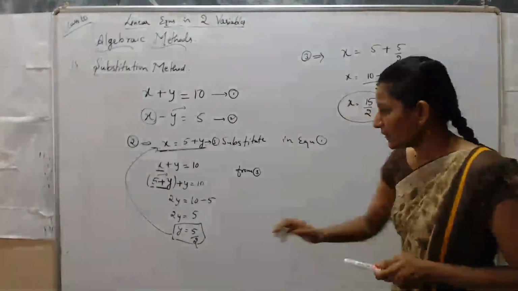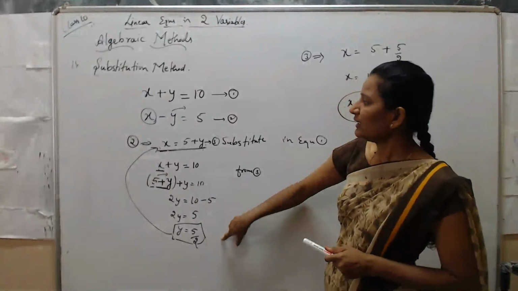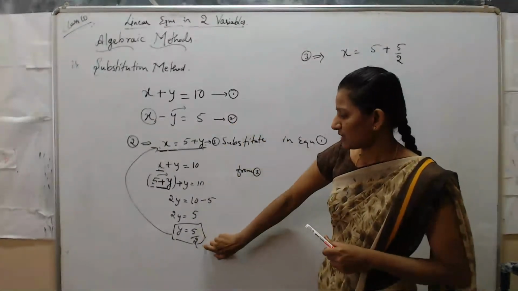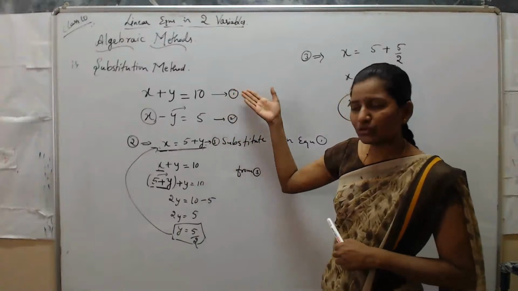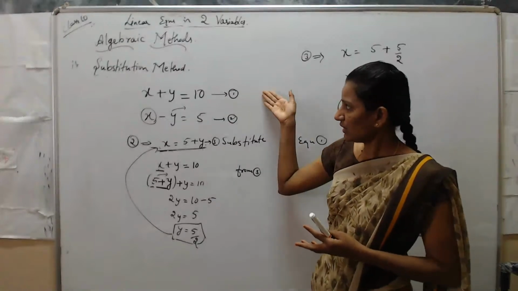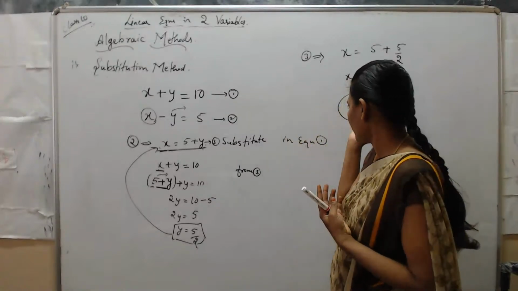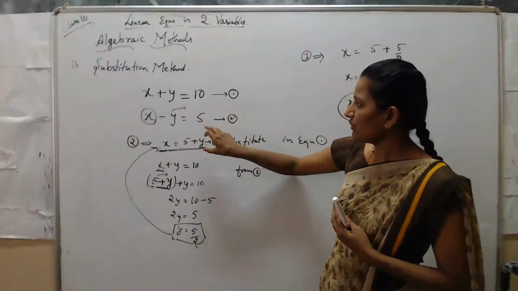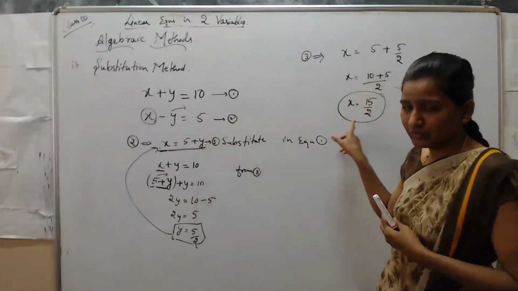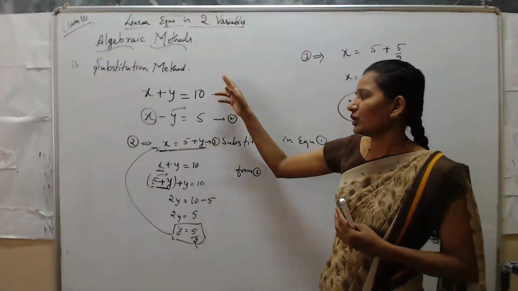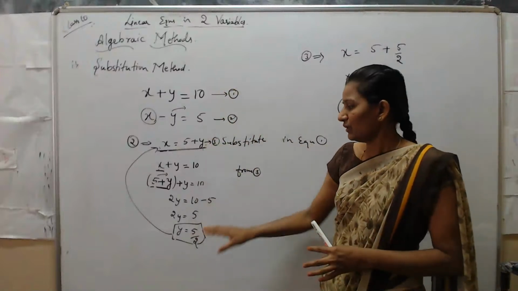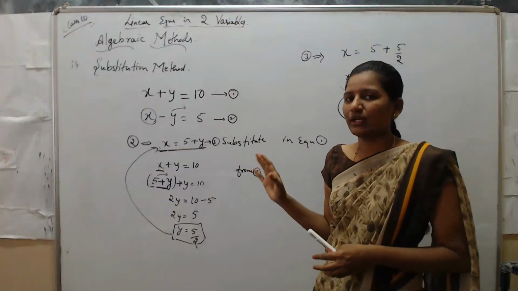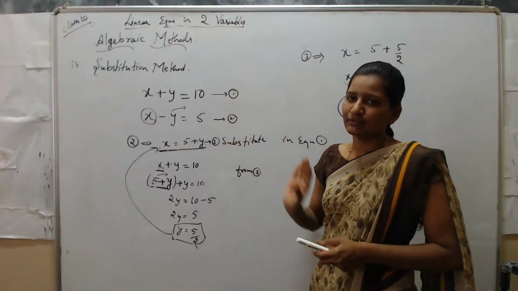Next, substitute this y in equation 3, which we derived from the second equation. If you put the y value here, the x value comes to 15 by 2. If you put the y value in equation 1, then also the value is 15 by 2. You can put the y value in any of these three equations.